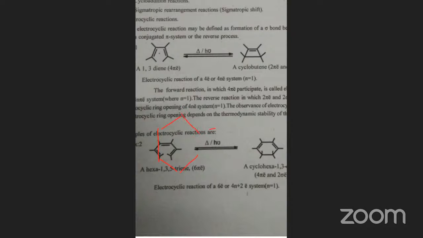Let us take, this is the first carbon, second carbon, third carbon, fourth carbon, fifth carbon, and sixth carbon. Then the first carbon has a double bond, the third carbon has a double bond, and the fifth carbon has a double bond. Here, what happens in the presence of sunlight?